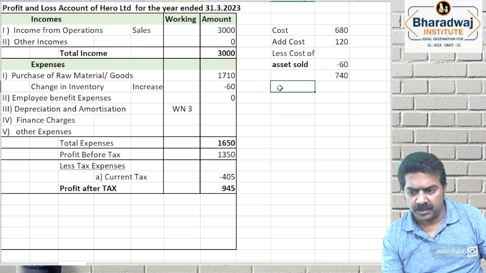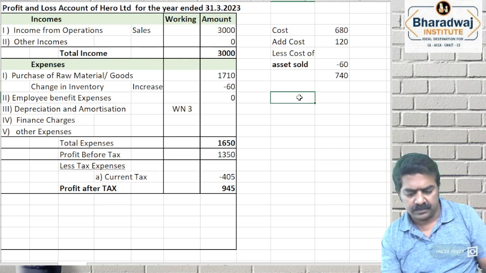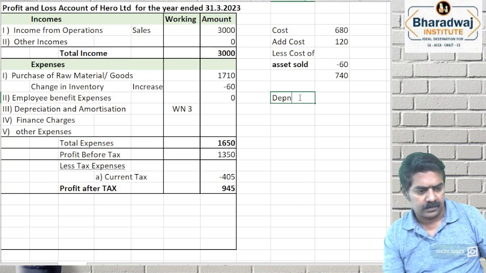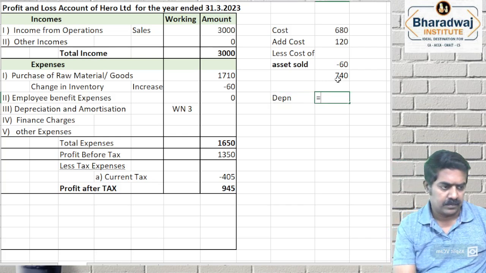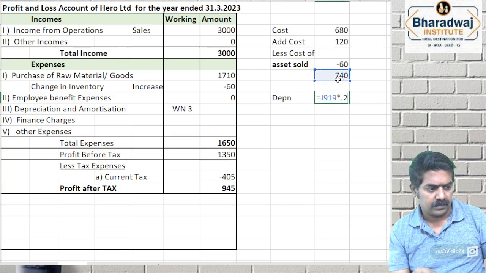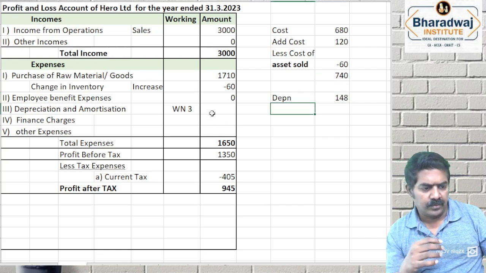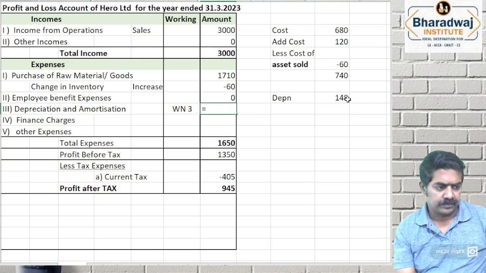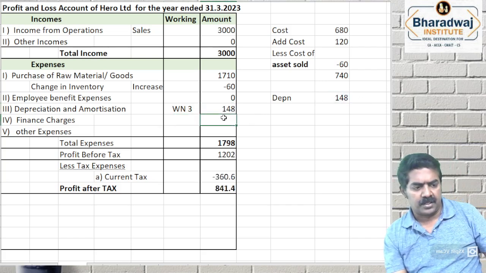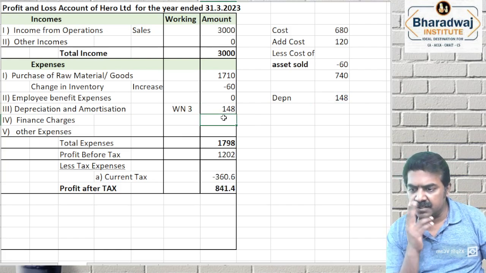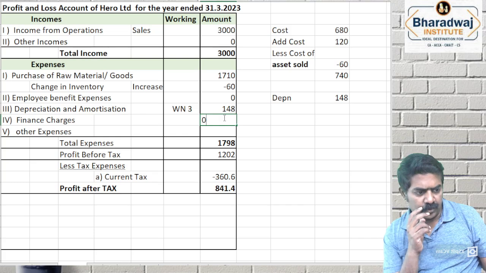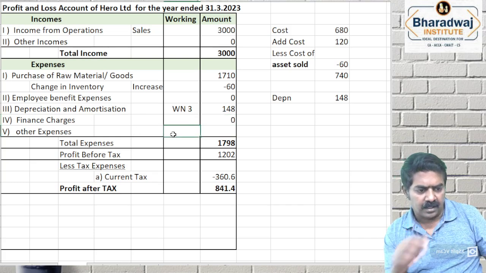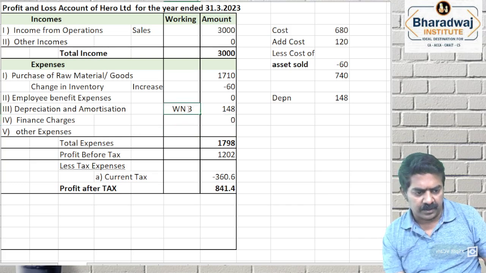What does 20% on cost give? 148. No finance charges. Check whether there are any finance charges in the question. No finance charges. Other expenses, do the next working.